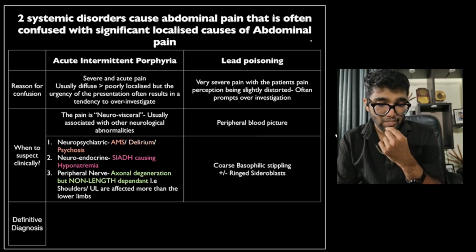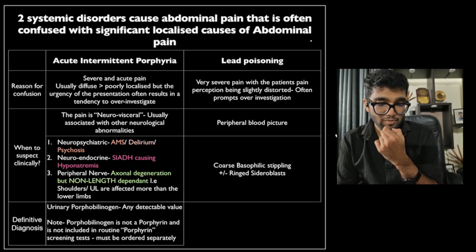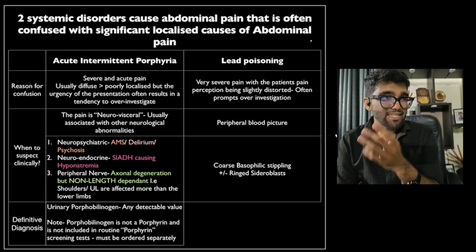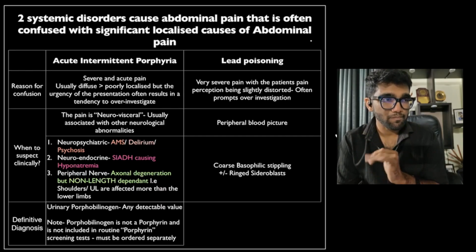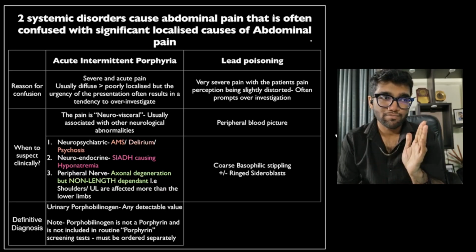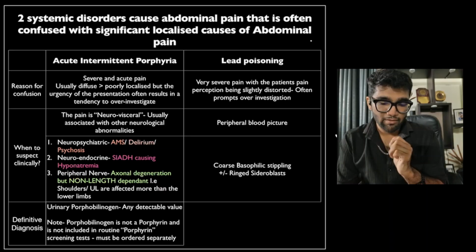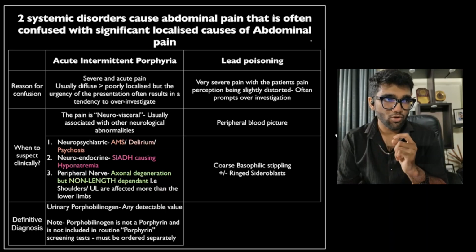Okay. Now, the definitive diagnosis of acute intermittent porphyria requires you to send urinary porphobilinogen levels. Any detectable value of urinary porphobilinogen is significant. We'll be discussing the details of the metabolism of porphyrins in multi-system genetic disorders. But some things need to be talked about right now.